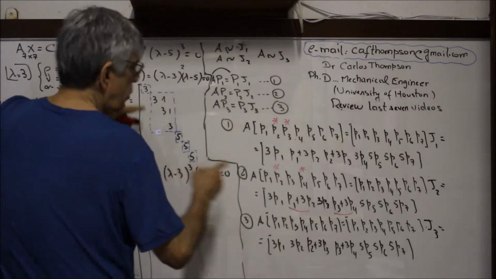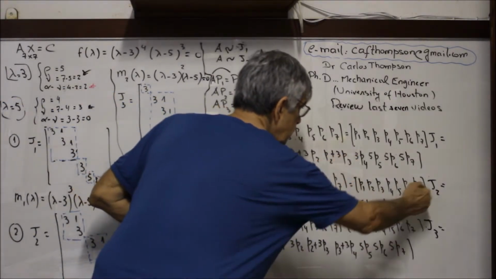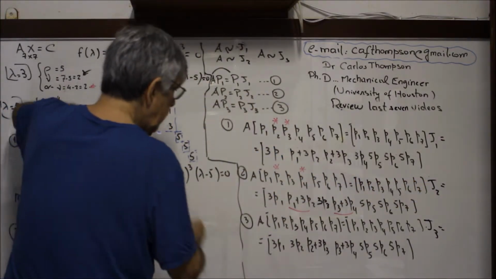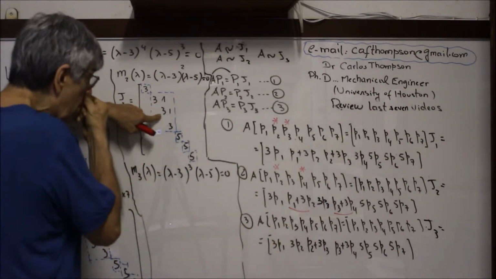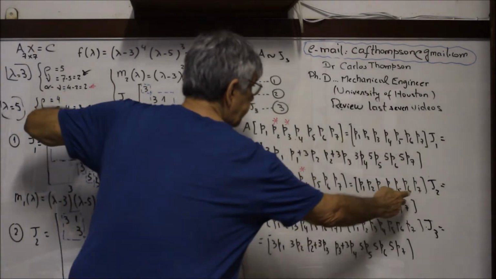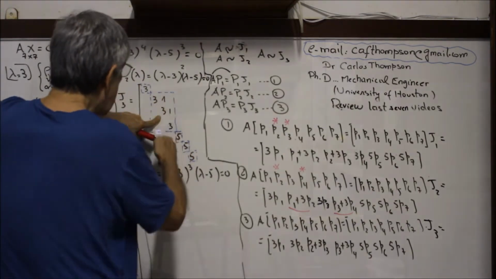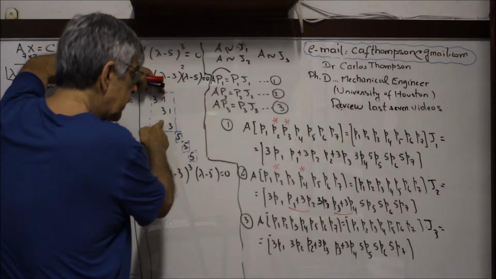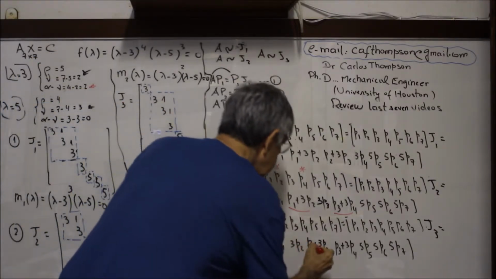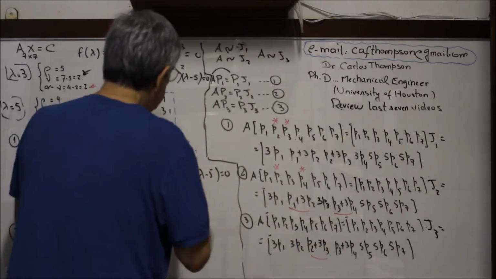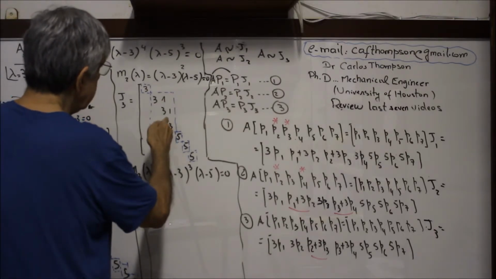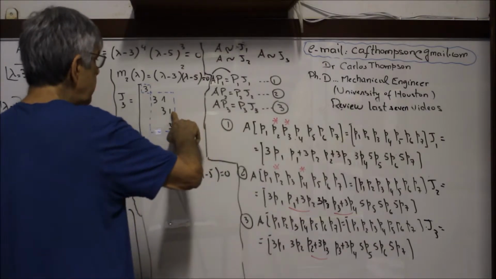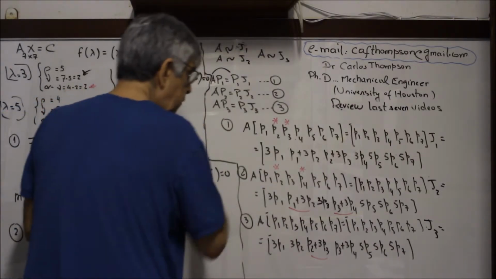The product of this row times this second column is still 3P2. Now this row times this column is P2 plus 3P3. And this column here will be P3 plus 3P4.